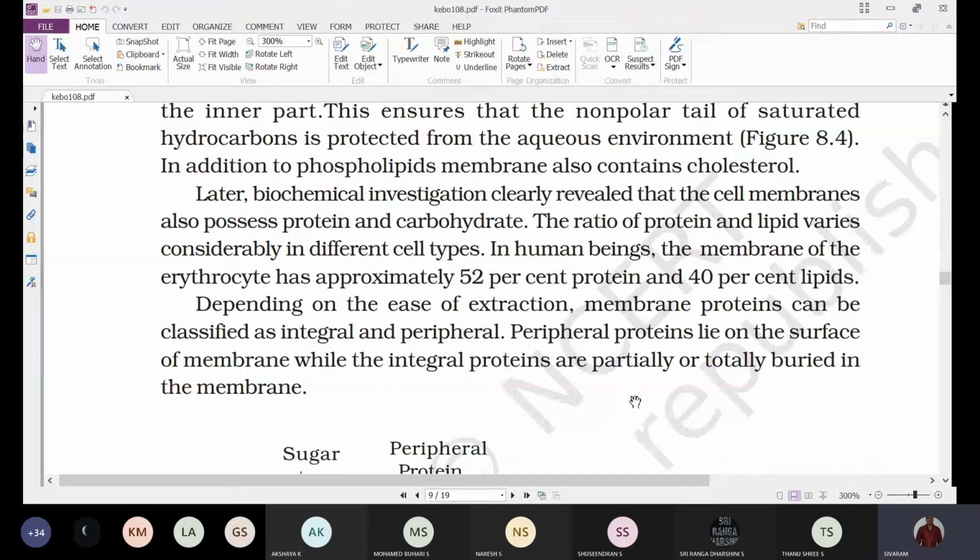Because the cell membrane was first studied using the RBC membrane, we take the RBC membrane as the typical cell membrane. So the typical cell membrane of a human, that is the membrane of the RBC, consists of 52% proteins and 40% lipids.